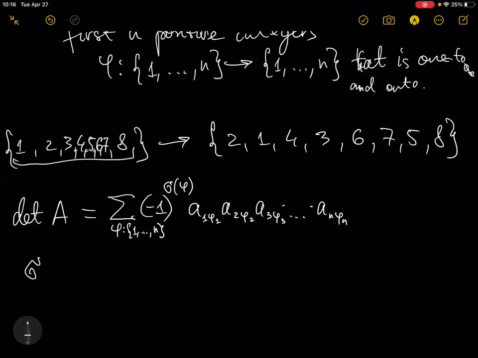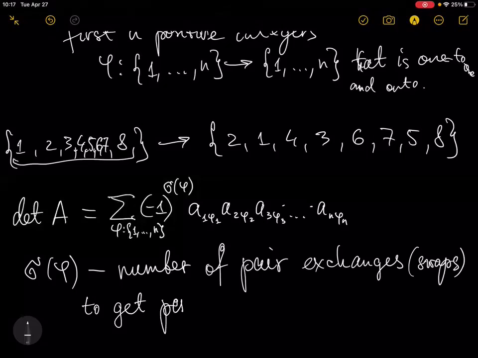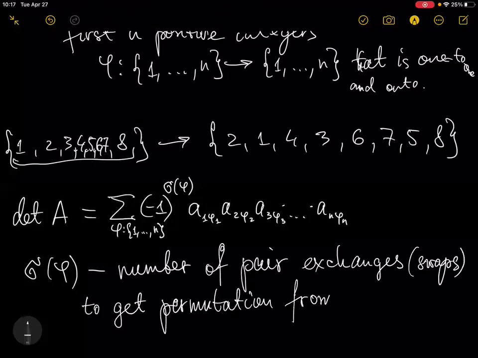Sigma of phi is the number of pair exchanges, or swaps, to get the permutation from 1, 2, and so on till n, the ordered numbers.